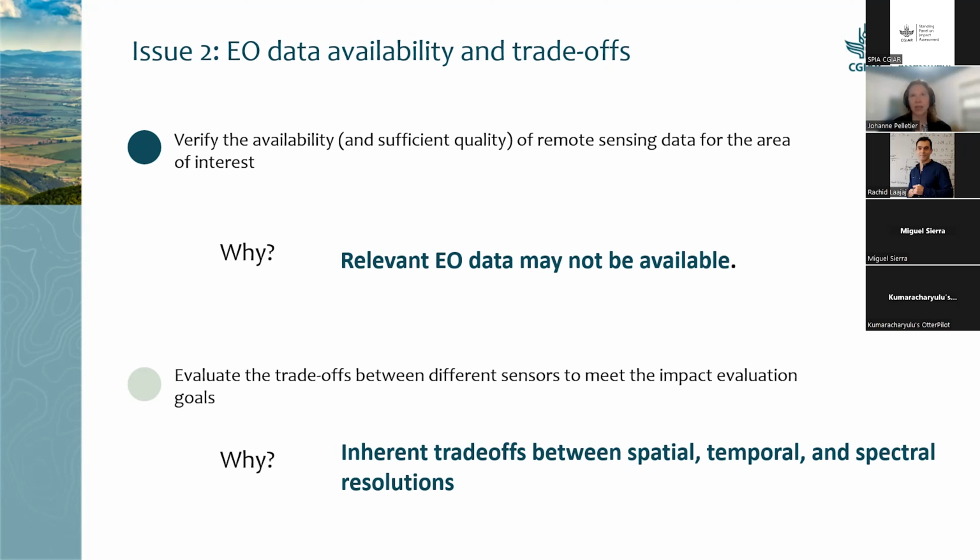So cloud, haze, seasonality, and topography are all elements that can constrain the quality of optical satellite imagery. And also there's not an equal amount of satellite imagery, especially for the 90s, when there was less availability.